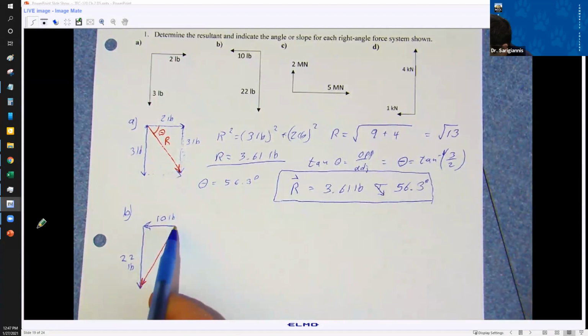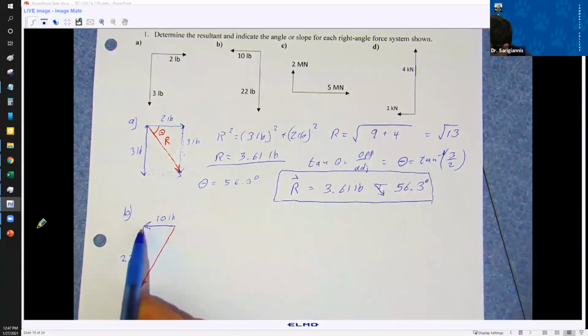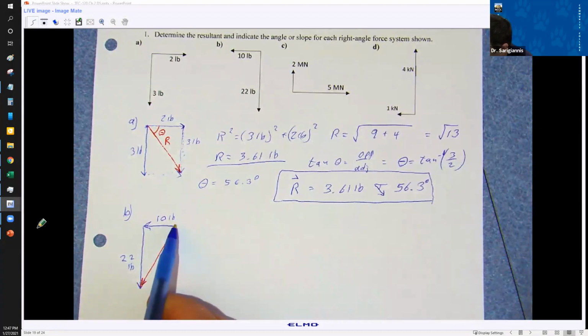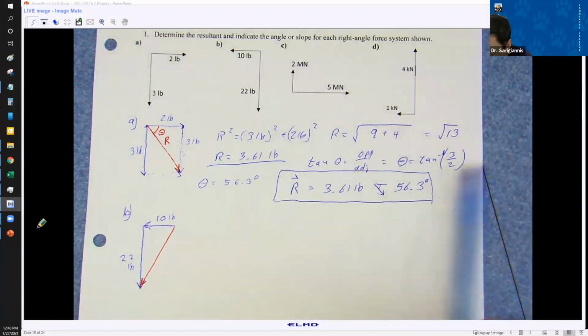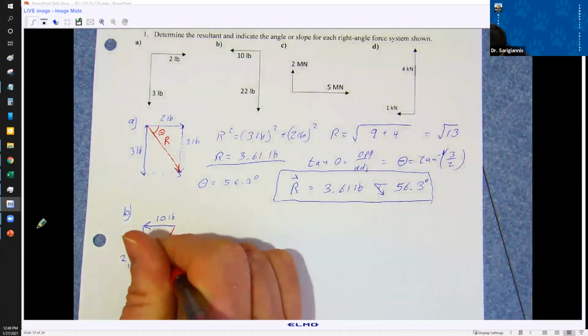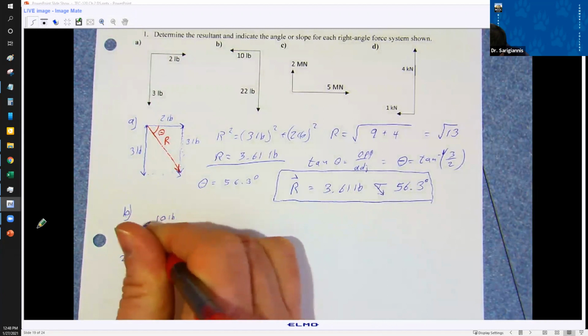Forget the force. You start here, you go this way, your resultant is you've gone that way. Same thing with force. You pull this way with 10 pounds, you pull down with 22 pounds, your resultant is going to be somewhere in between like that. So let's put resultant, and let's put theta here.